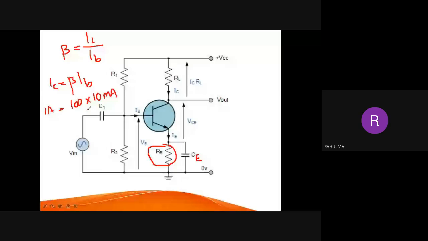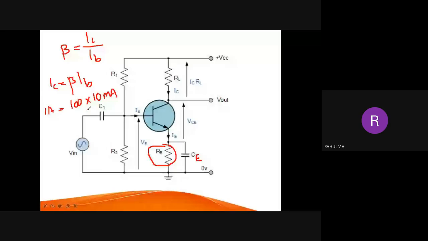So in the common emitter configuration, the beta value we have already seen, beta is equal to IC by IB. That means IC, the collector current, is nothing but your output, and collector current is equal to beta into IB. IB is nothing but your input.